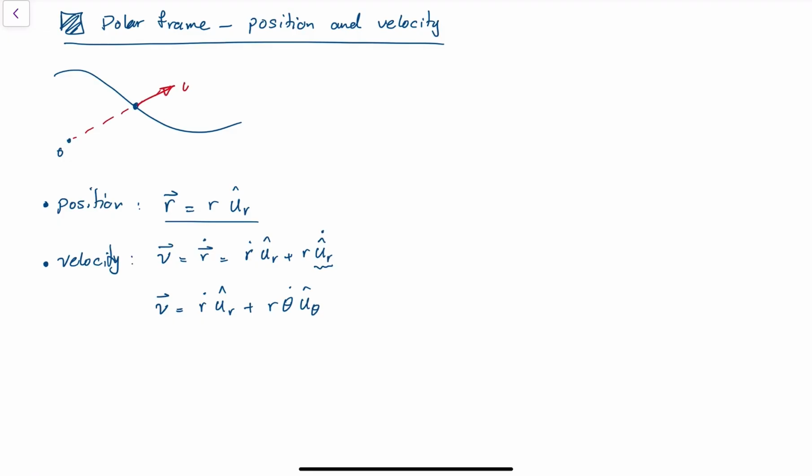This is ur, u theta along that direction. This was r, vector r, and the length is r. So this theta dot that we have defined is the time derivative of how much this lever arm is turning. We can call this angular velocity.